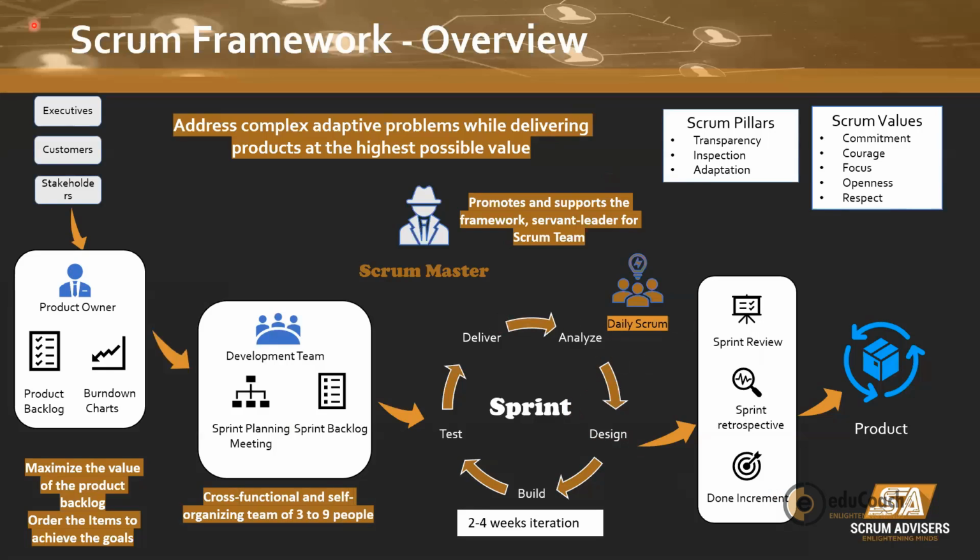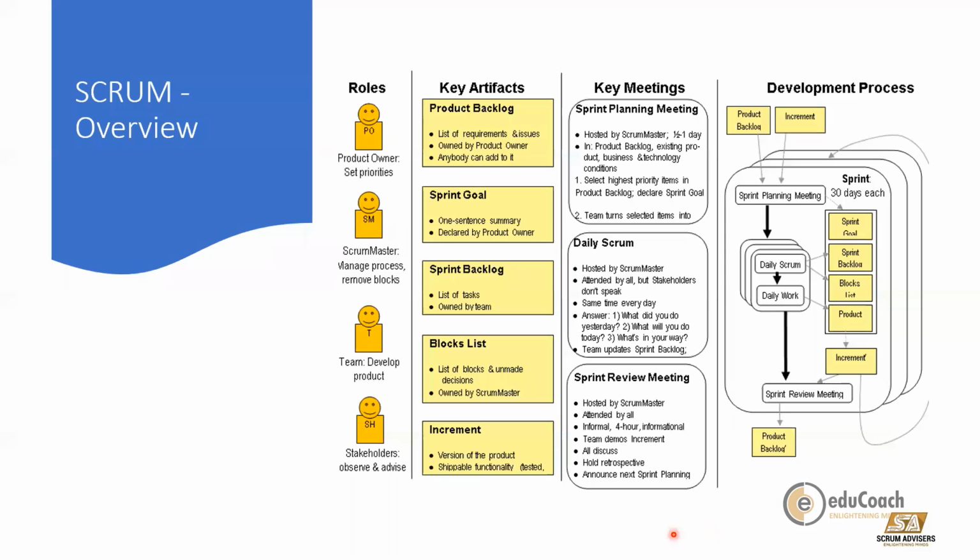So this is the complete overview of the Scrum framework. The other slide that I have, again, does the same thing. It provides you with the product owner who sets the priority, the Scrum Master, the development team, and the stakeholders on one end.